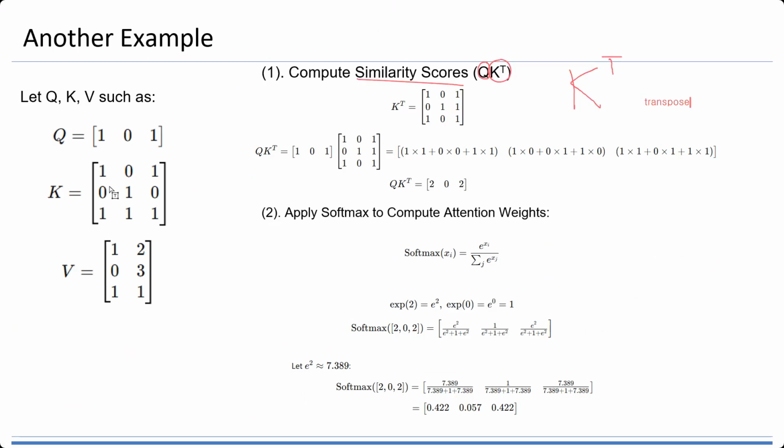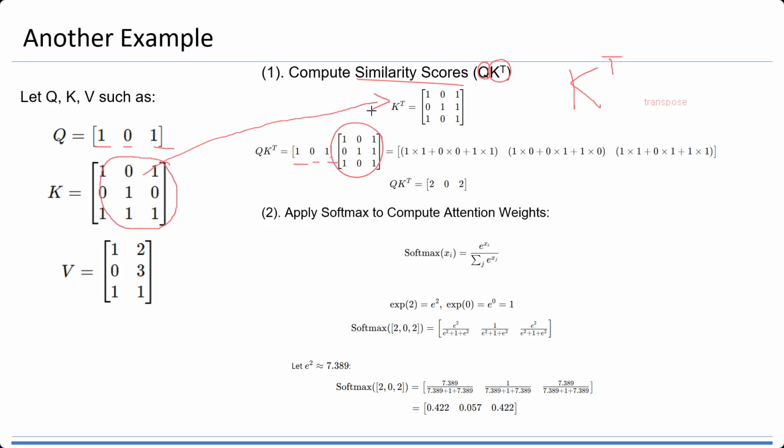So if we do the transpose, you have the value Q is 1, 0, 1. And then this is the K, and this is the K transpose.